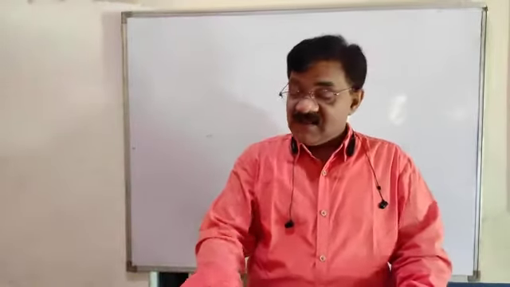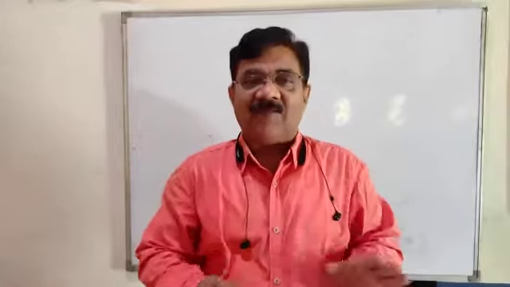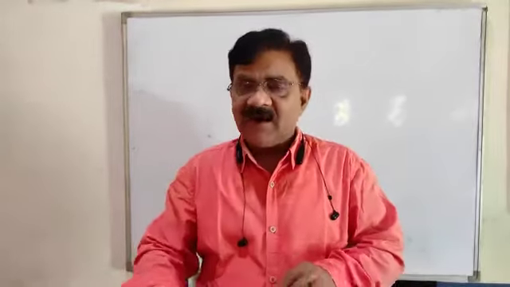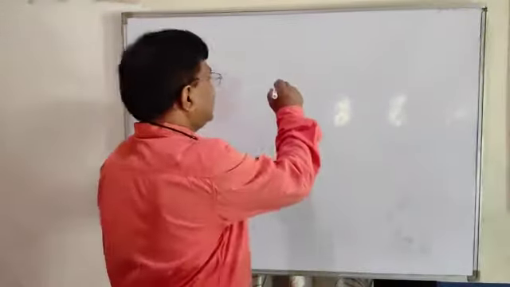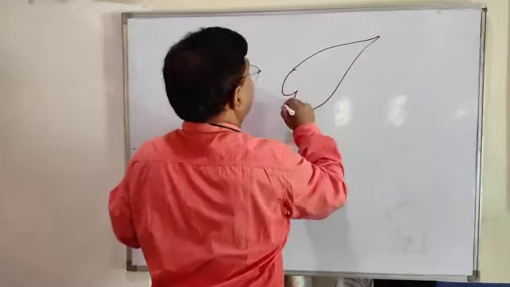That part is clear. Now we have to discuss that the rate of transpiration is not the same on both surfaces of the leaves. If you have seen a dicot leaf, how to identify a dicot leaf?